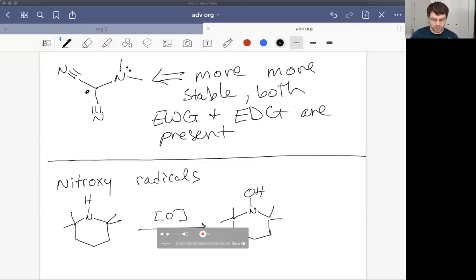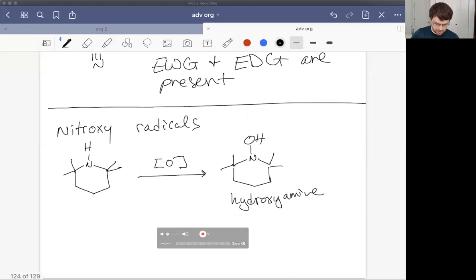This is a hydroxylamine. Okay, so we oxidize this. Now, we oxidize the nitrogen by introducing an oxygen atom. And what you can further do is a single electron removal of that hydroxylamine to make a nitroxyl radical.